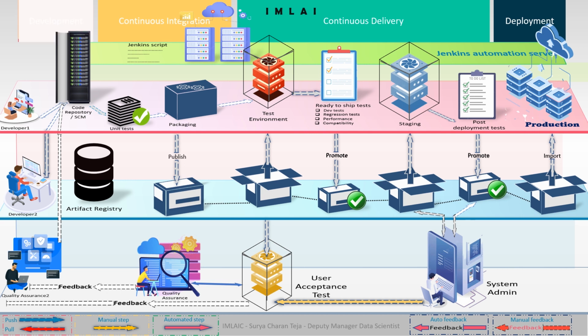Now we will start working on this. The next step is, we have to write a Jenkins script. It's a Groovy script. We will write a Jenkinsfile using Groovy script. Whatever activities you want to automate, all activities, as soon as the code has been pushed to the code repository or SCM, from that moment the rest of the activities should be completely automated.